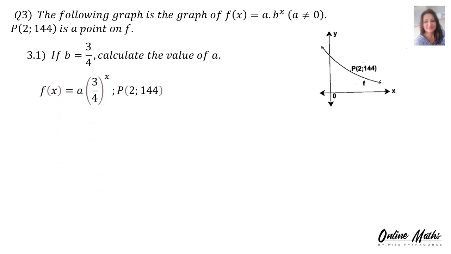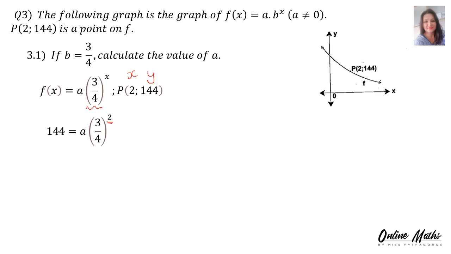So what that means is, there's your equation, f of x equals a times b to the x, and then you substitute in b's place the 3 over 4. And then this other point, the point (2; 144), consists of an x and a y. Therefore, in f of x's place, which is y, you will substitute 144 equals a times 3 over 4 squared, and then in x's place, the 2.